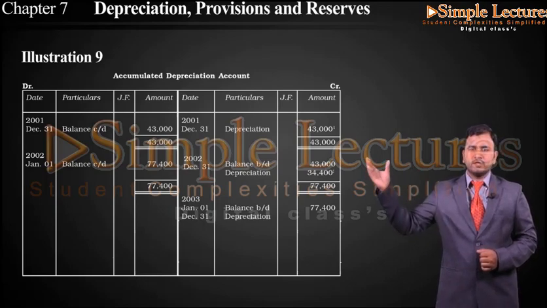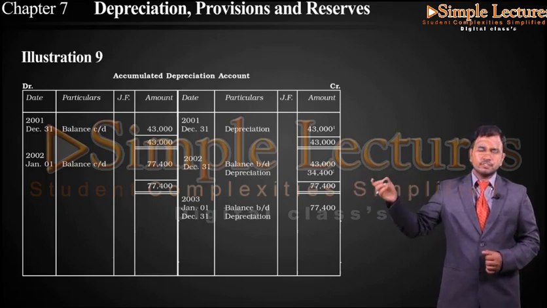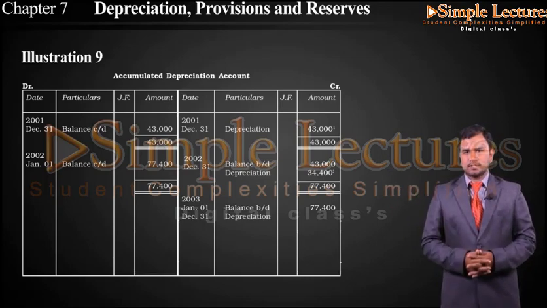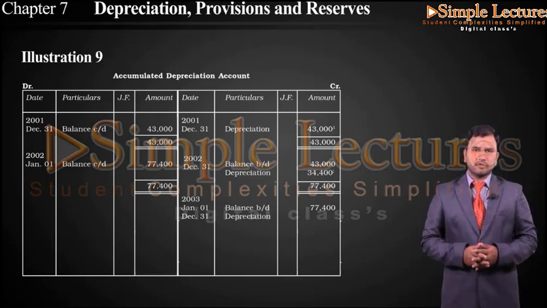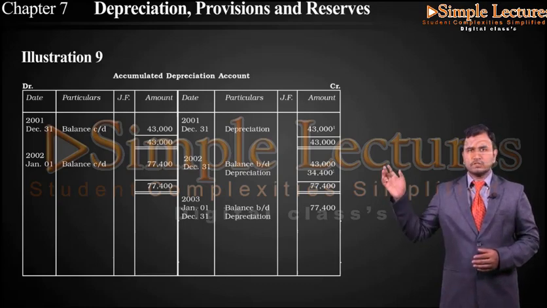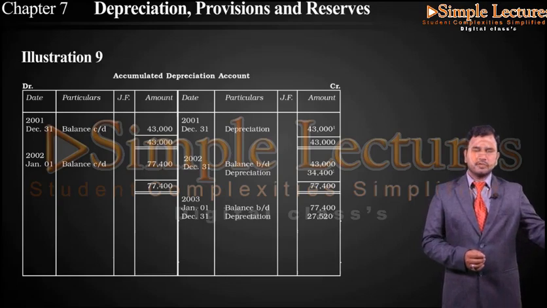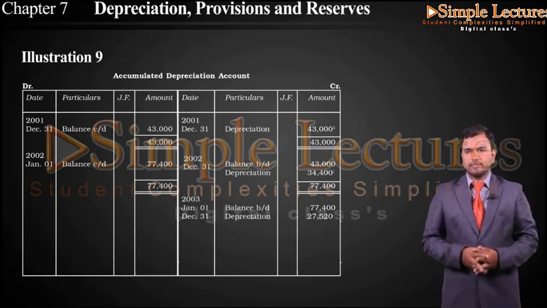So let me repeat, 2,15,000 minus 77,400 into 20%, where the depreciation value will be 27,520. So that will be considered here in the credit side, 27,520 depreciation. Then the third year will be closed.